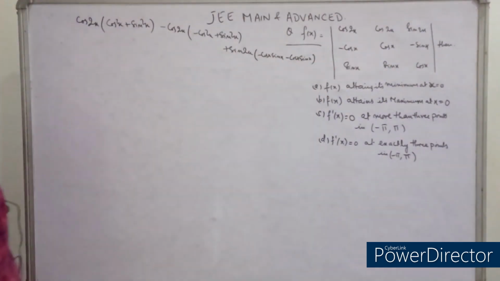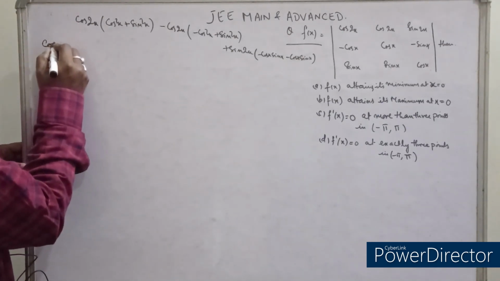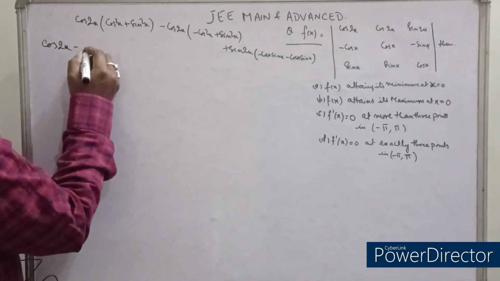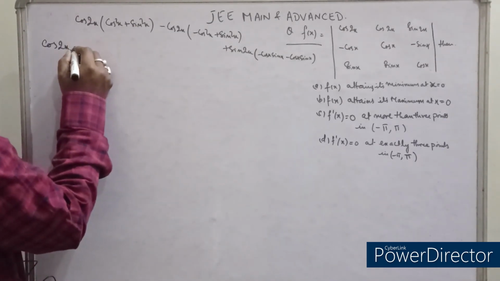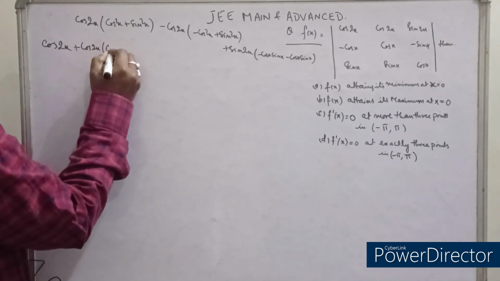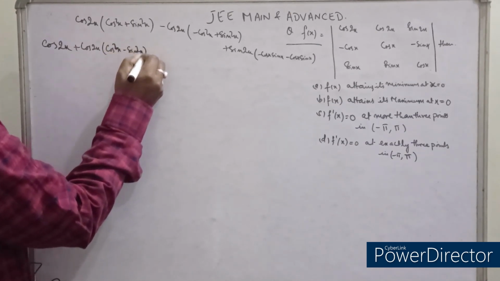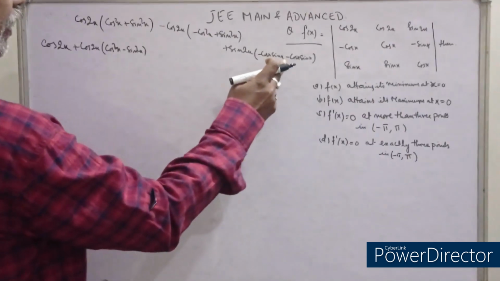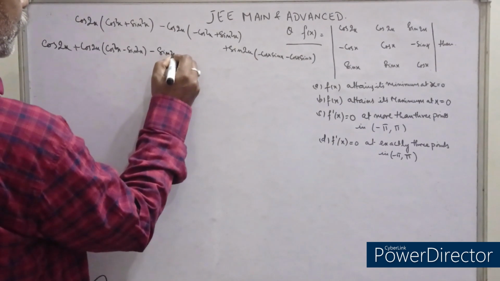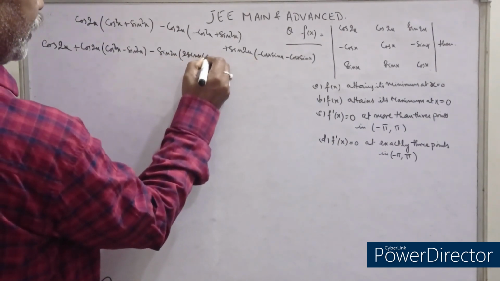So now here this is cos 2x and this is 1, and if you take a minus common, this will be plus cos 2x and cos square x minus sin square x, and here if you take a minus common, this will be minus sin 2x, and this is 2 sin x cos x.